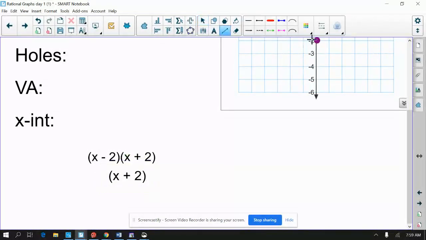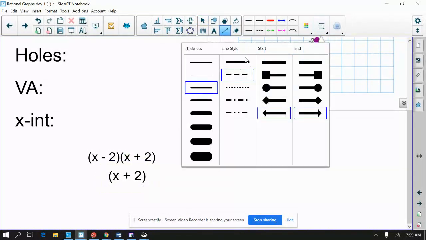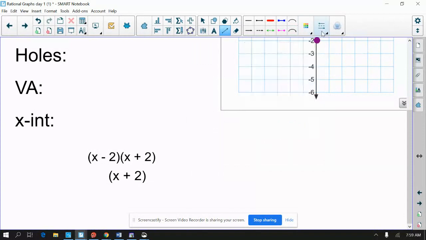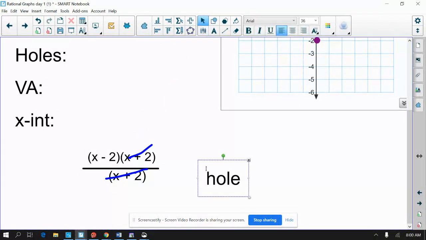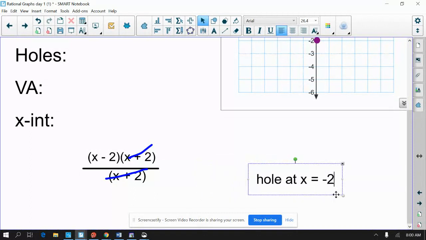So what do I discover? That since that canceled out, that is a hole. Hole at x equals -2. So there is no vertical asymptote either. There's a hole at -2, however.